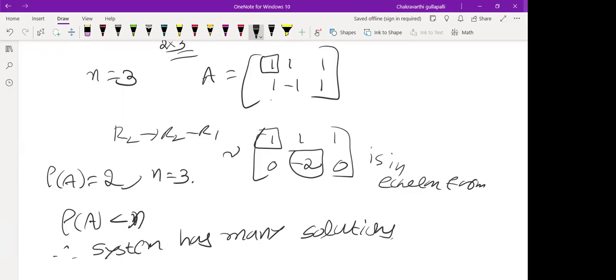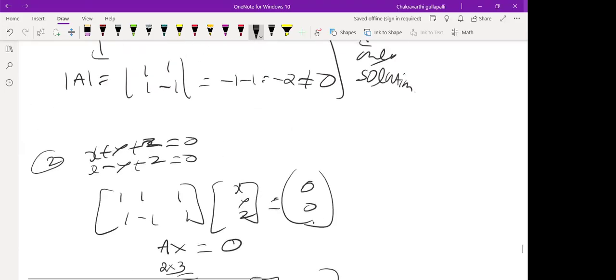This is how we try to predict using this concept. Is it clear now? One more hint I will give you. Even this much you need not do in the exam. For a homogeneous system, if equations are less and unknowns are more, automatically such a system will have many solutions. This is only for homogeneous. I'm repeating once again. Unknowns how many? 3. Equations how many? 2.